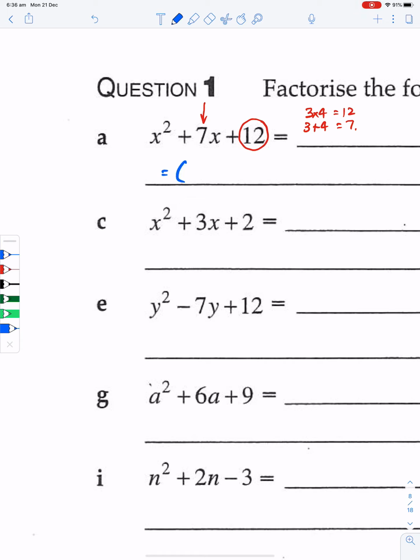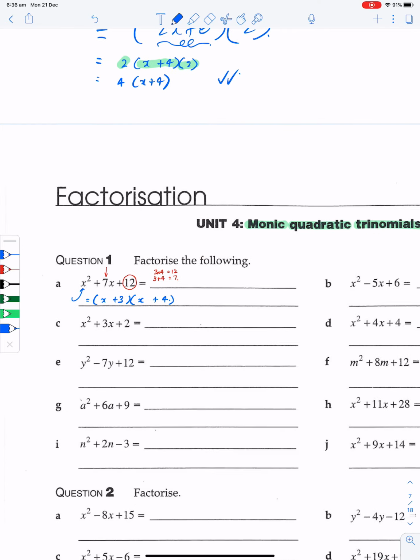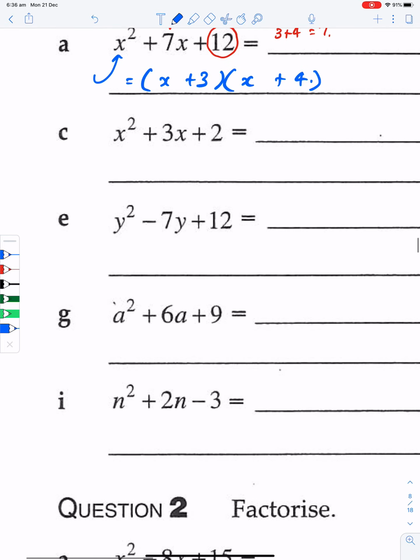So you open up 2 sets of brackets. You put in x and x because in the question it's x squared. And because our special numbers are 3 and 4, we put a plus 3 and a plus 4 here. And that's it. The order doesn't matter. Okay, let's go on now to the one underneath. Question C. What numbers multiply to give 2 and add to give 3?